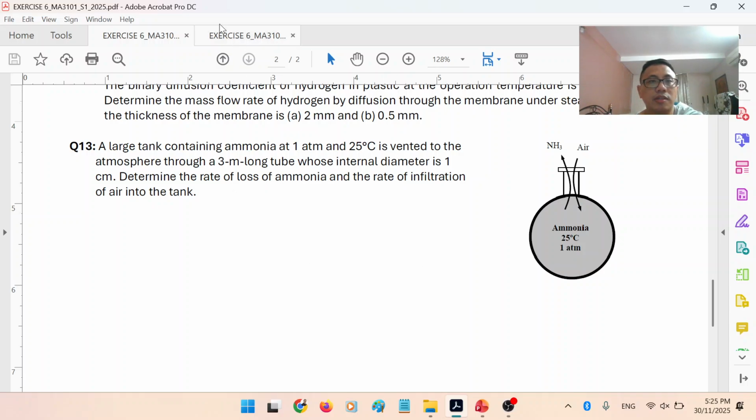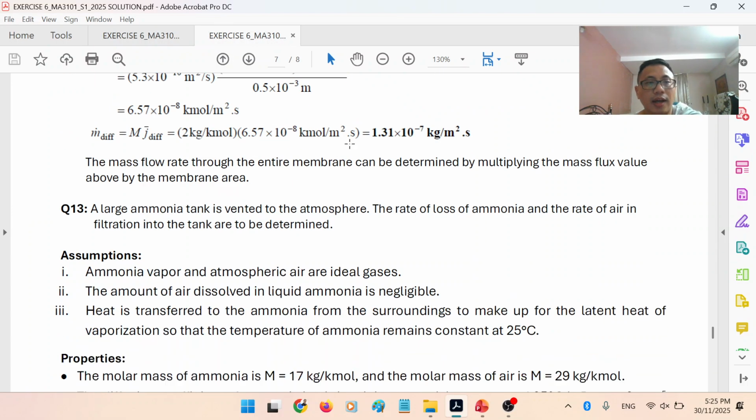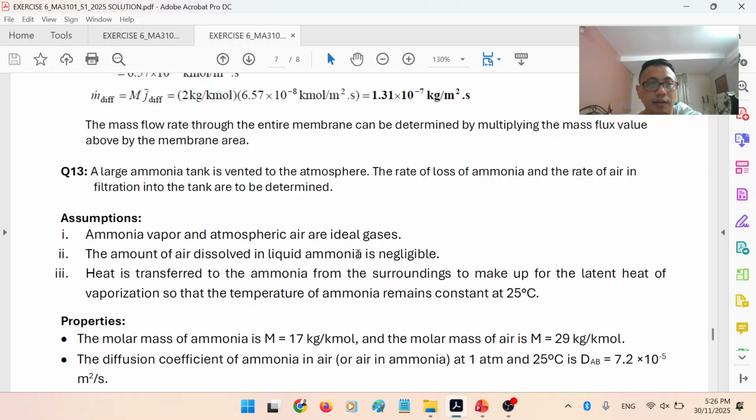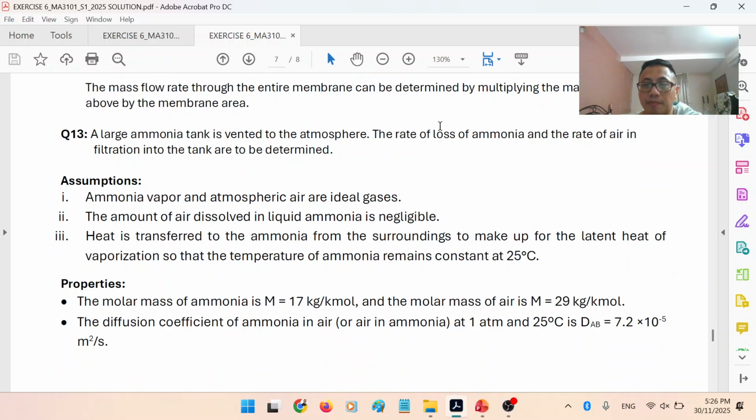In this case, a large ammonia tank is vented to the atmosphere. The rate of loss of ammonia and the rate of air infiltration into the tank are to be determined. I'm going to calculate the ammonia diffusion rate and also the air diffusion rate. Ammonia vapor and atmospheric air are assumed to be ideal gases, so we can use the ideal gas equation.